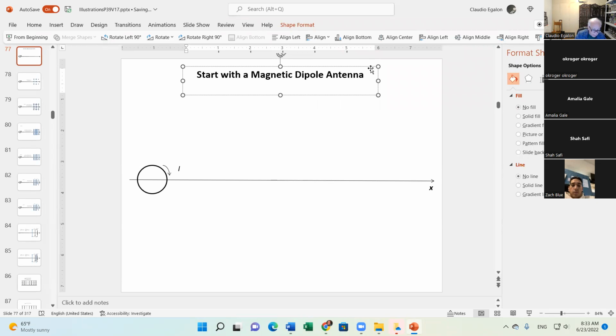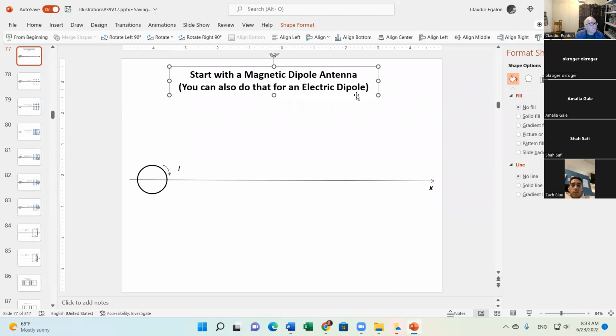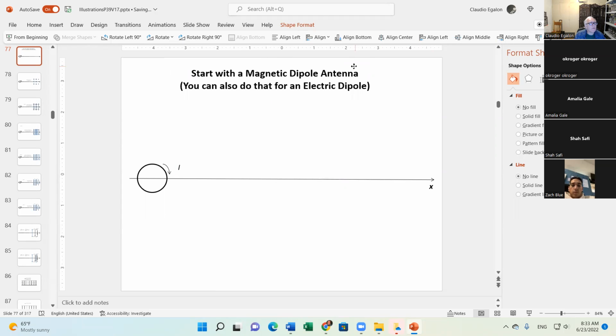You can also do that for an electric dipole. The result is going to be the same. I think the magnetic dipole is easier to illustrate.